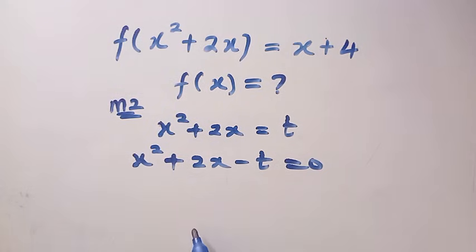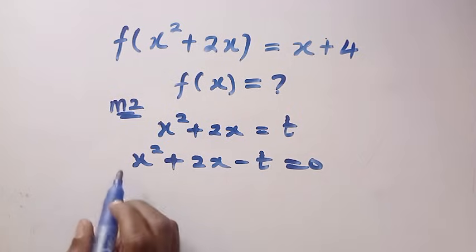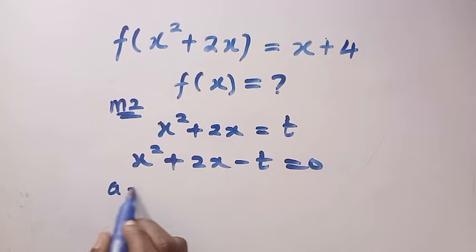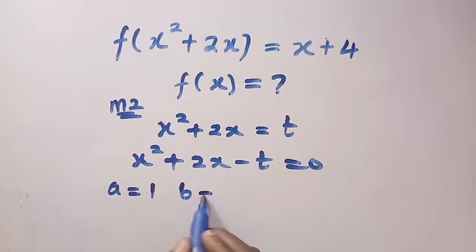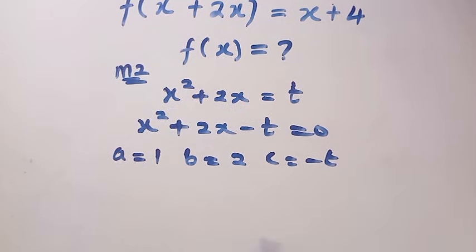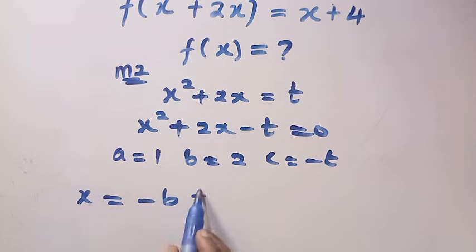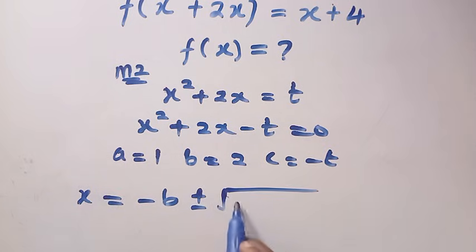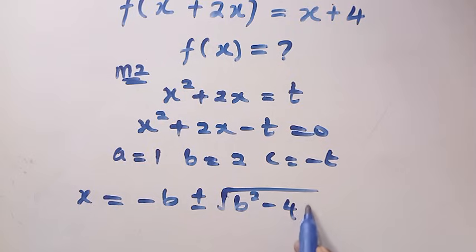We're still going to have x inside the root. So we're going to apply the quadratic formula. As we have the coefficient of x squared as a equals 1, we have b equals 2 and c equals minus t. We will leave this answer in terms of t. Then x equals minus b plus or minus the square root of b squared minus 4ac, divided by 2a.